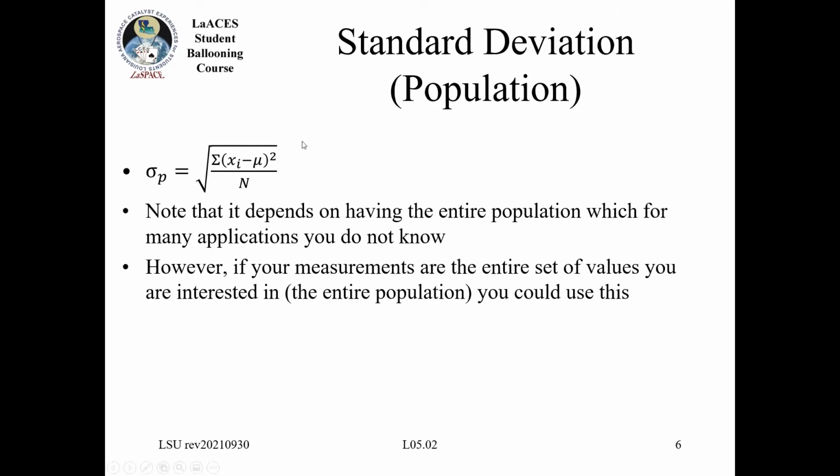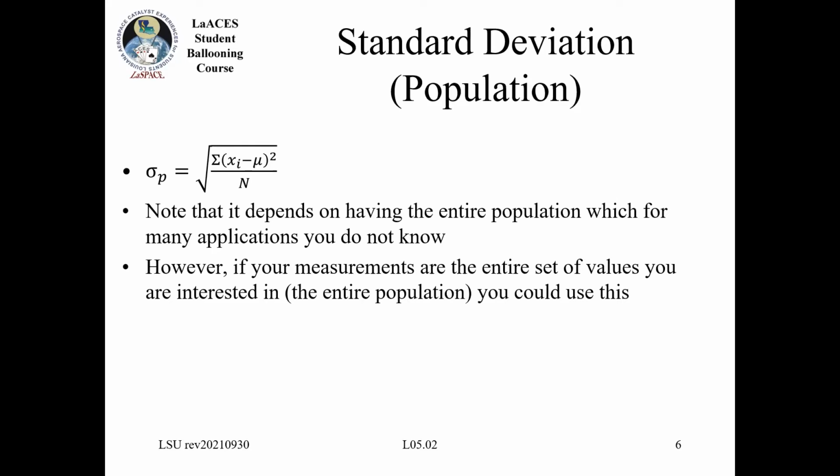So this version of the standard deviation, the population standard deviation, is basically assuming that you have the entire population of the samples. For us, that's not really applicable because the population is all possible measurements, right?